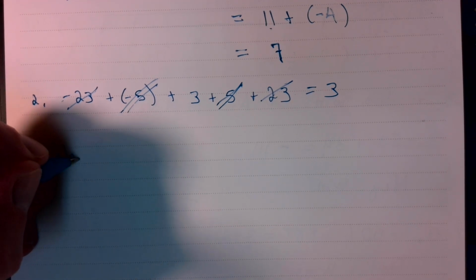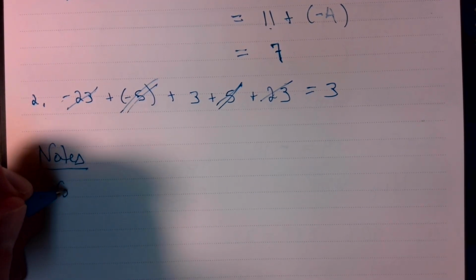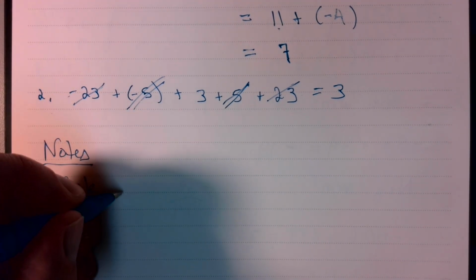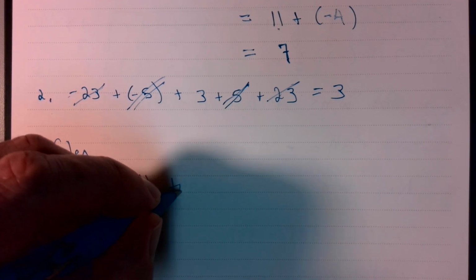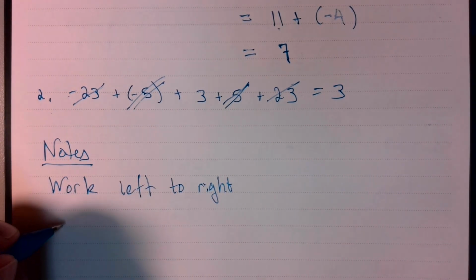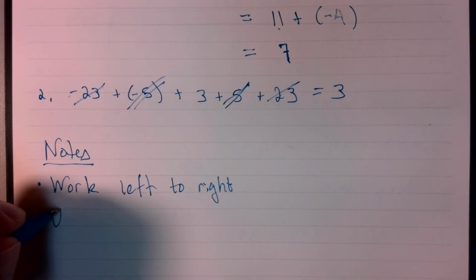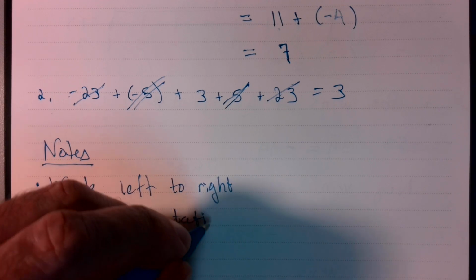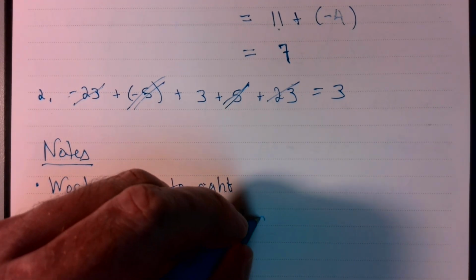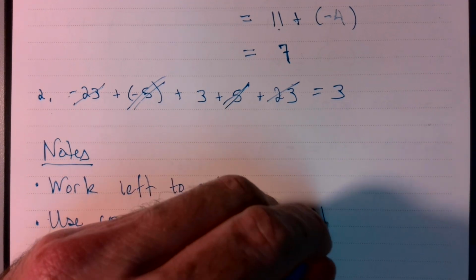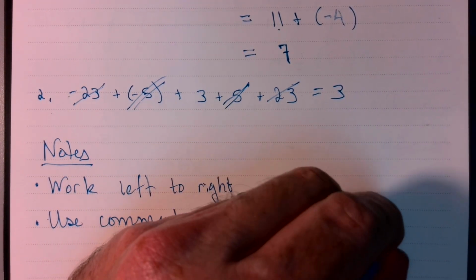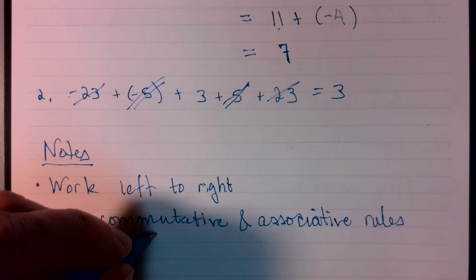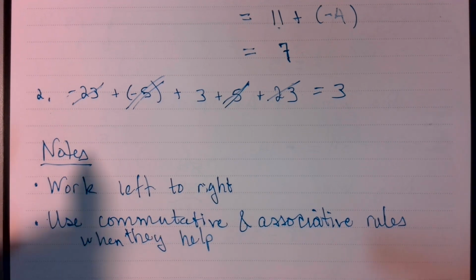So some notes here. When you're doing a problem that has multiple numbers involved, work left to right, but make sure that you use the commutative and associative rules when they help make things easier, just like they did right here.